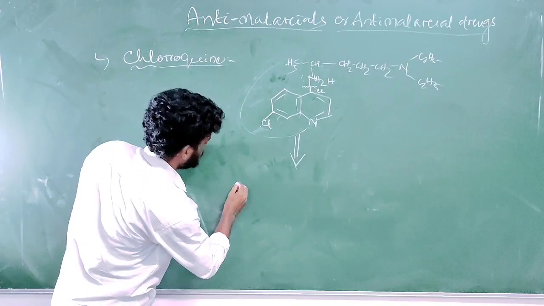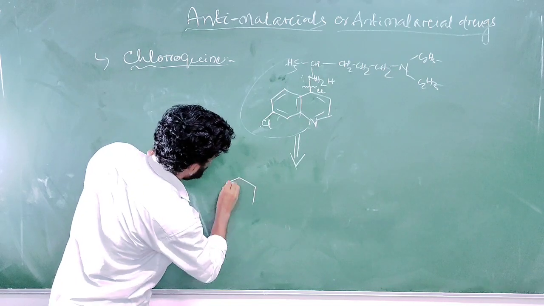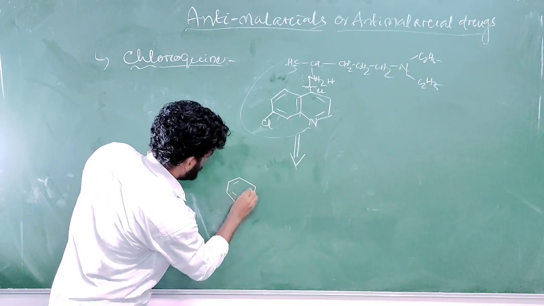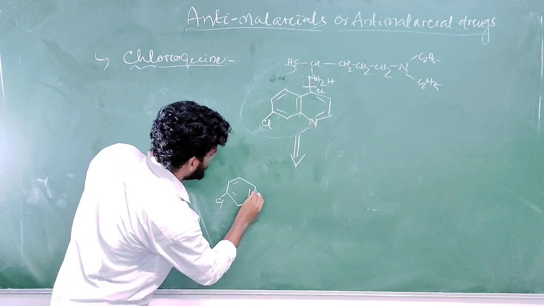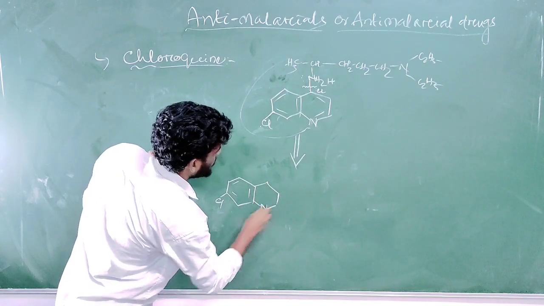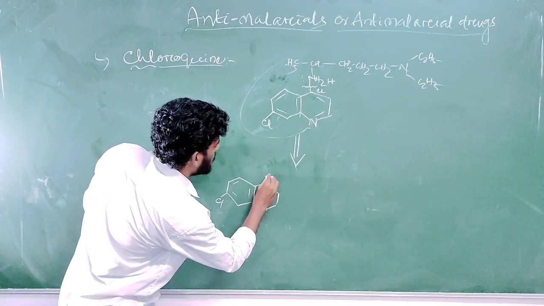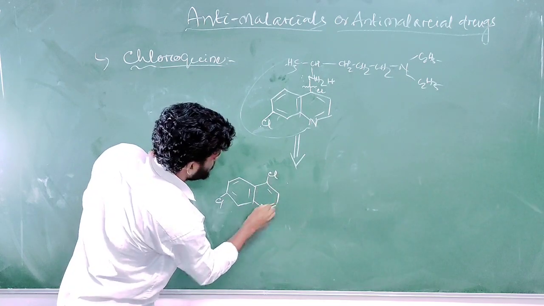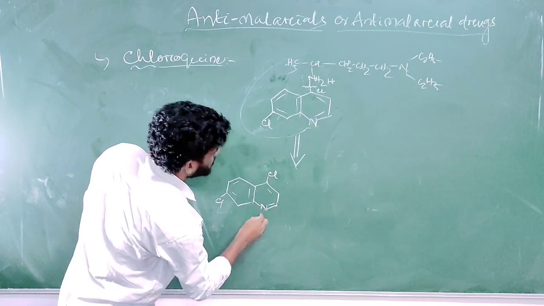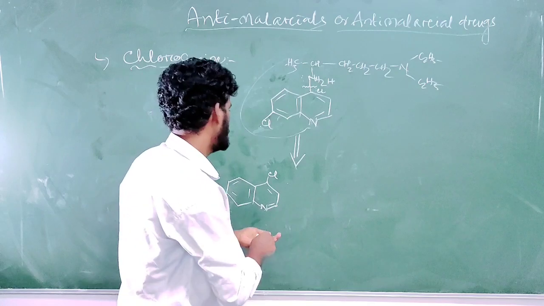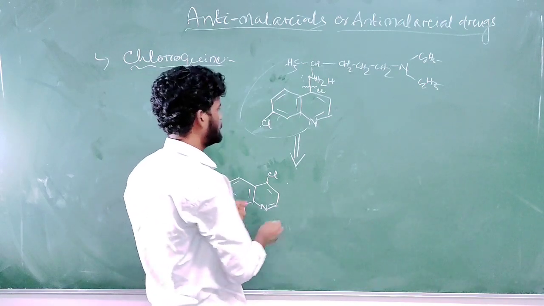So what will be the individual molecules? This one has chlorine. Write in the comment section whether quinoline is aromatic, non-aromatic or anti-aromatic.